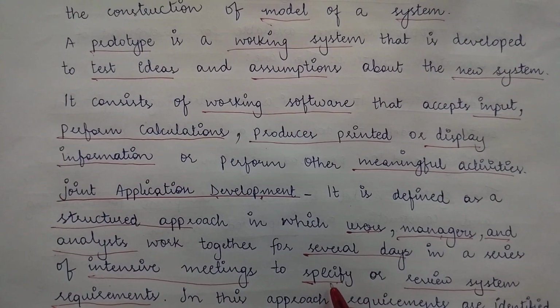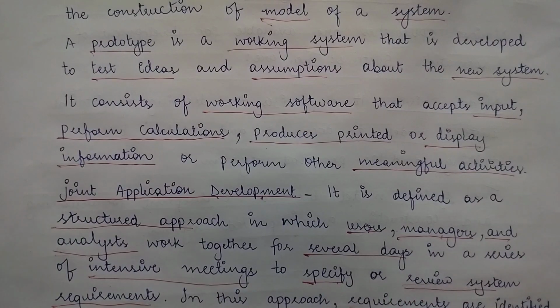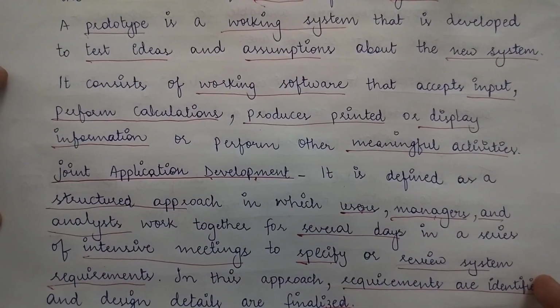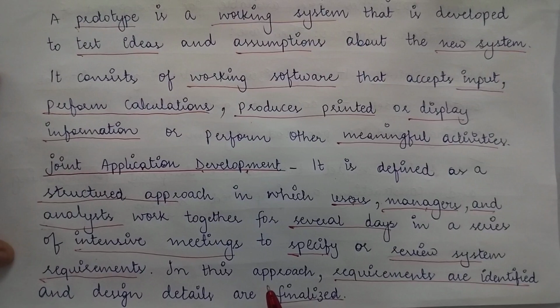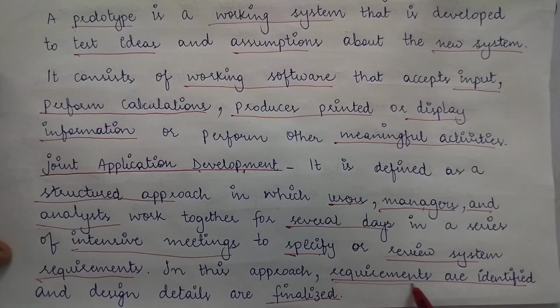These system requirements are specified. What all would be the system requirements? These system requirements are reviewed: what they are, what their impacts are, and then in this approach requirements are identified. So basically the users, managers, and analysts sit together for intensive meetings for the purpose of identifying the requirements of the system. So at the end, what do you achieve?